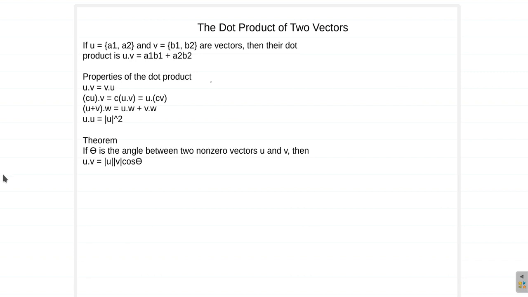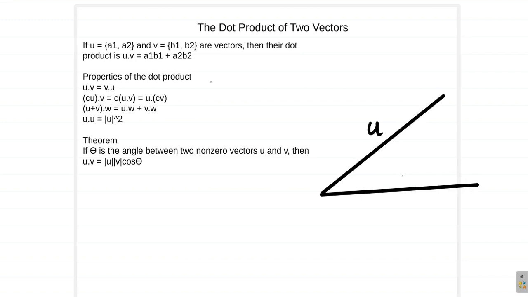But before we do anything else, let us see how this thing goes. If we have these two vectors, let's say this is u and this is v. You remember the triangle law of vectors? This here would be the resultant.